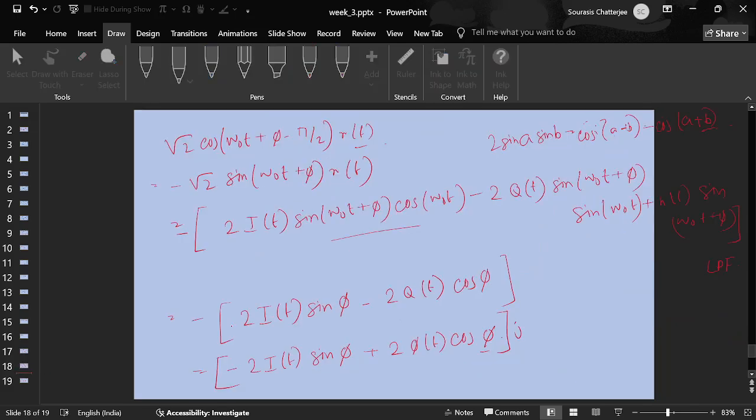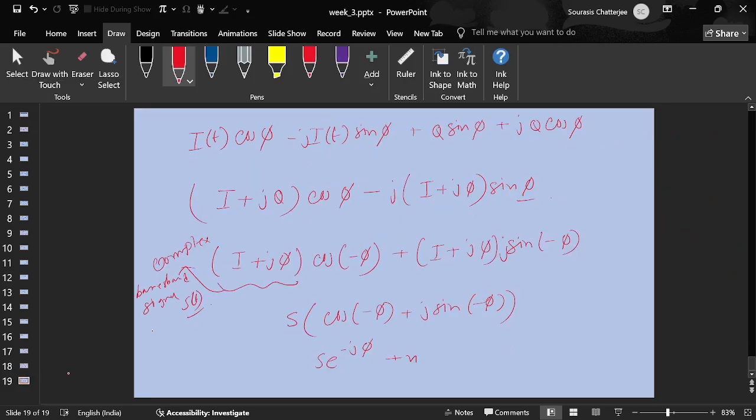so root over 3 by 2, that means, yeah, you are saying something. 60 degrees, it's 60.